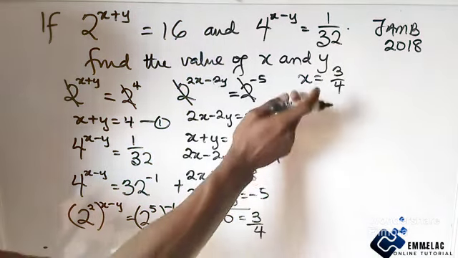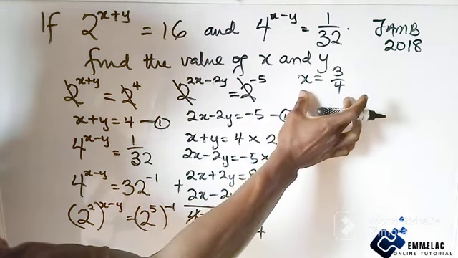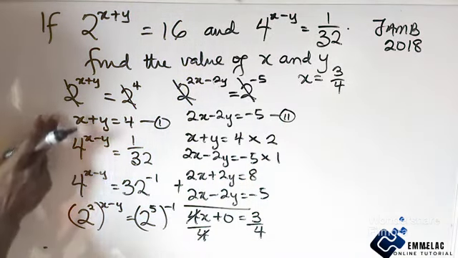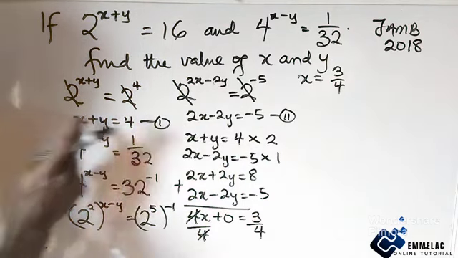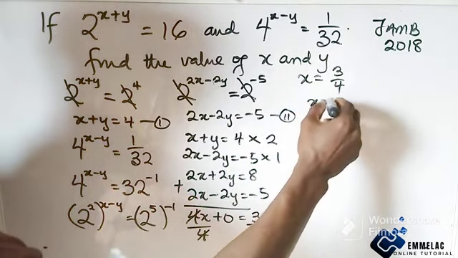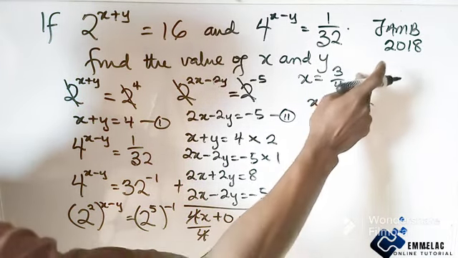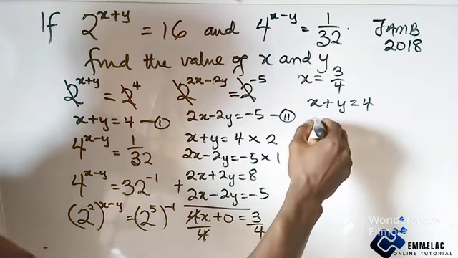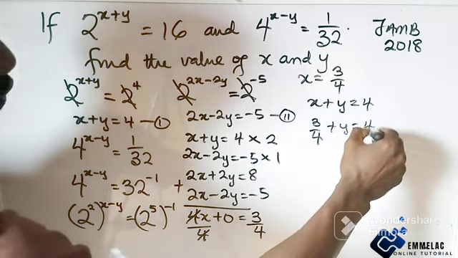Alright, now that we've gotten the value of x to be 3 over 4, let us put the value of x equals 3 over 4 in either this or this. Let's make use of this. So here we have x plus y equals 4. Replacing x with 3 over 4, we have 3 over 4 plus y equals 4.